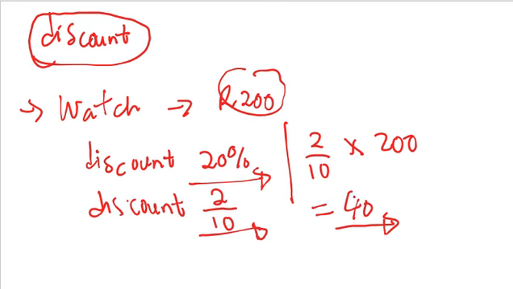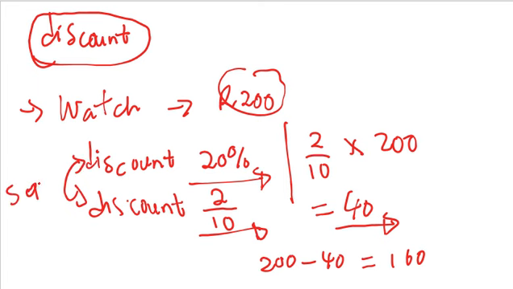This is gonna be a discount again, so it's 200 minus 40, which is 160. We have discussed this. These things are the same, it depends on how the question is. They can give it in a percentage or in terms of a fraction. Hope that is understood.